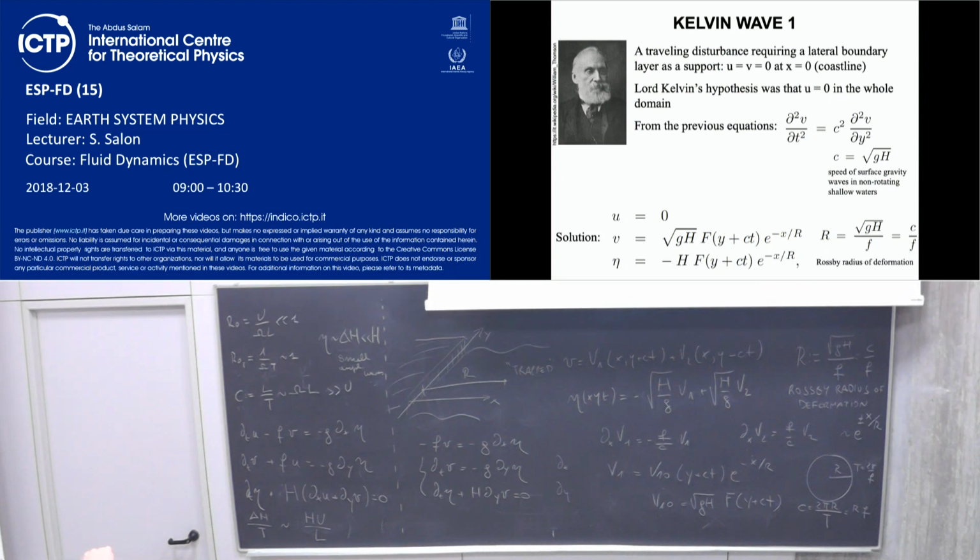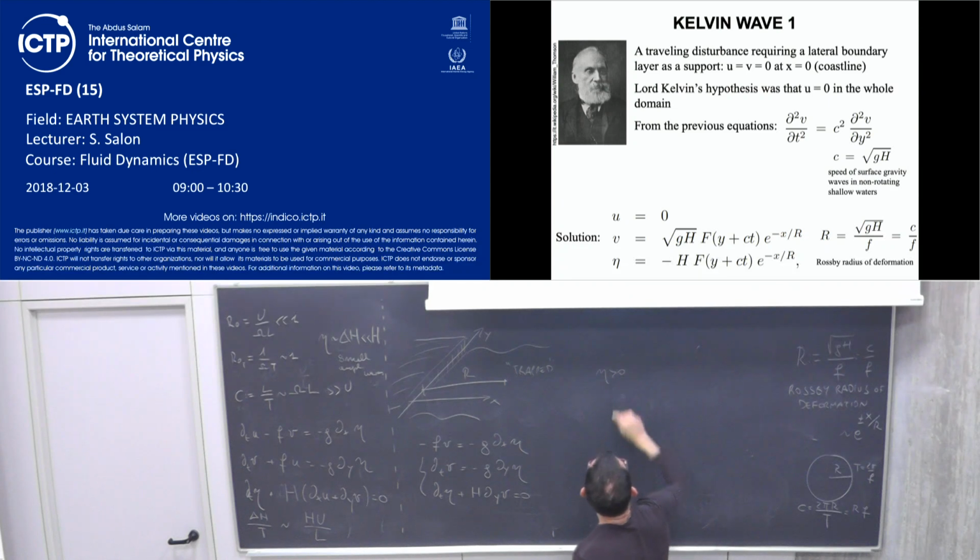So this is the solution of the Kelvin wave, and it is pretty interesting because when we have eta positive, of course v will be negative, and the opposite will be true.